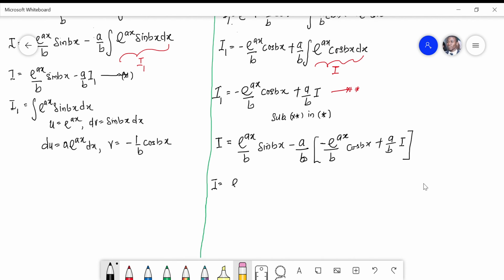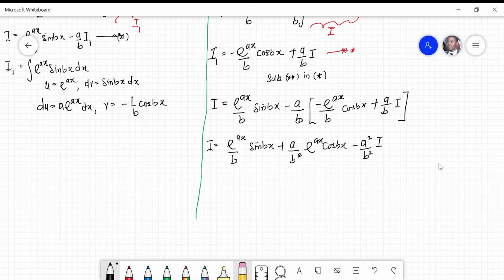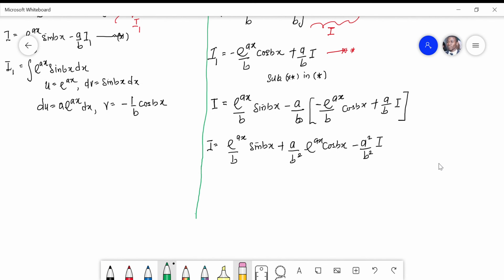That's going to be a over b squared e to the power of ax cos bx, then minus a squared over b squared I. So now you can just collect like terms.